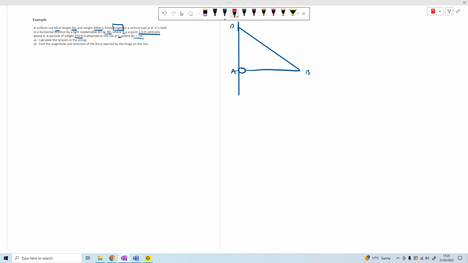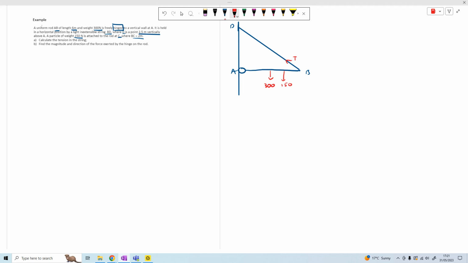First of all, the rod AB has a weight of 300 newtons. I've also got this weight of 150, which is at point C where BC is 2, so it must be on this side over here. So I've got another 150 here. It's a light inextensible string, so there has to be tension in it.